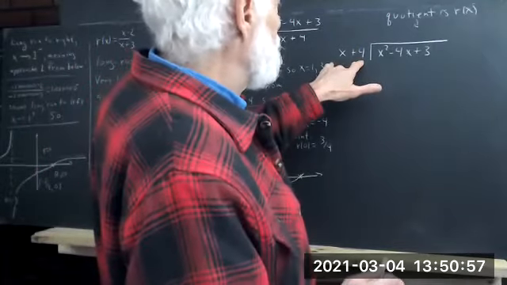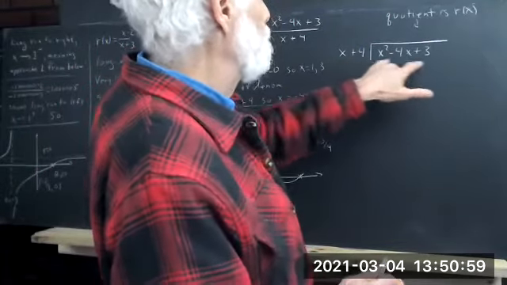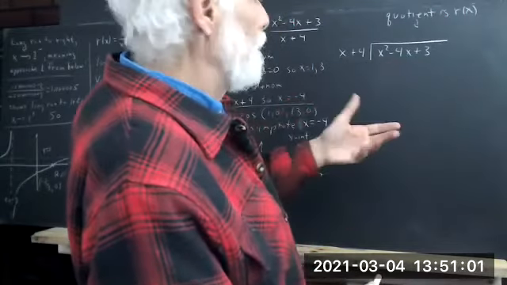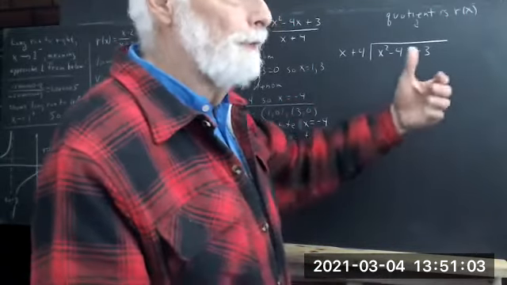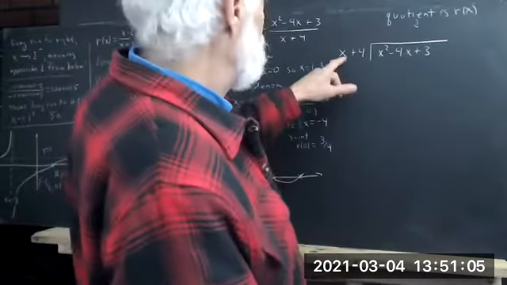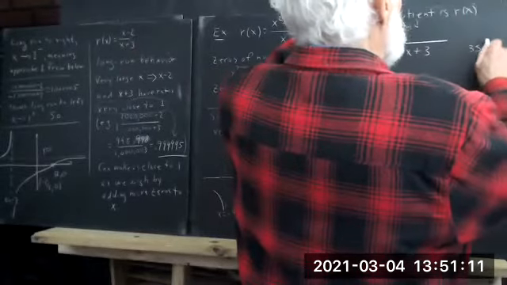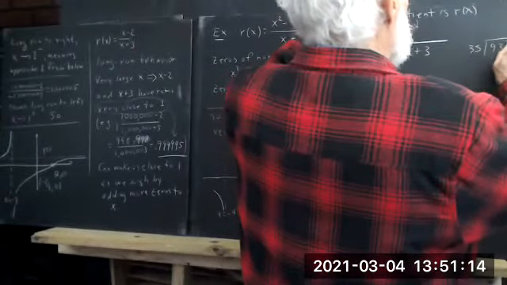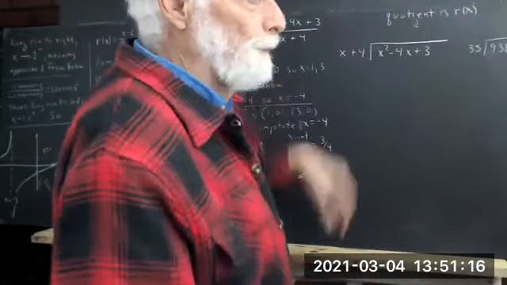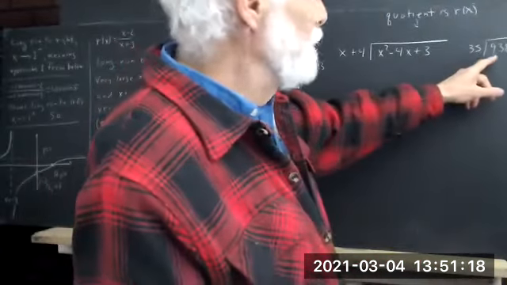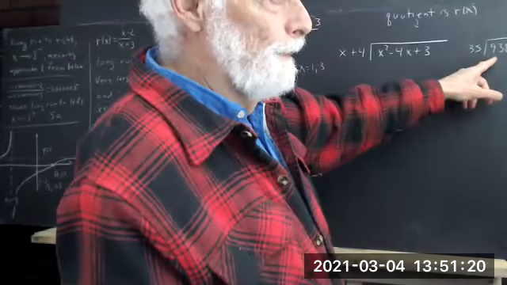To divide x plus 4 into this, we do a lot like we do when we do long division of numbers. x will go into x squared. Just by analogy, if we're dividing 35 into 938, we kind of divide the 3 into the 9 and get 3.